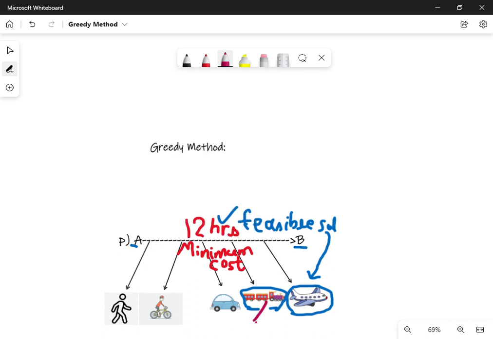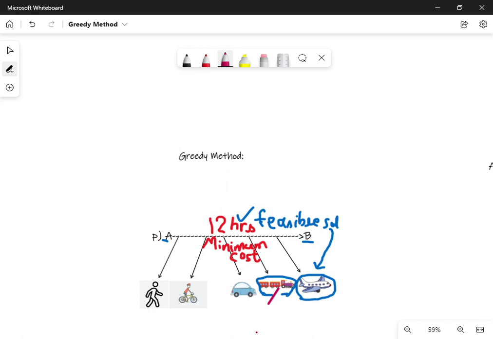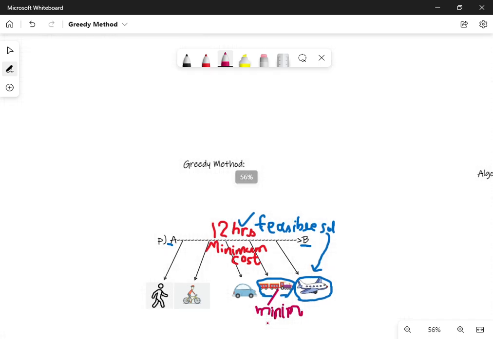Train is our possible option for minimum cost, because the train is less costly than the plane. Train consumes minimum cost.